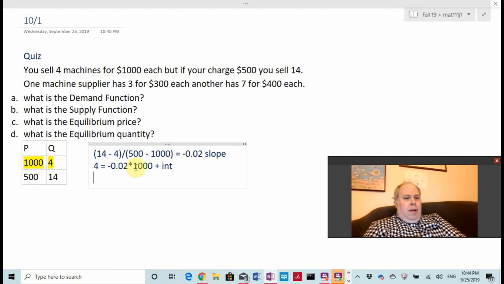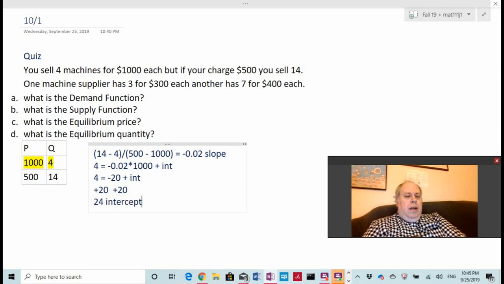So 4 equals minus 20 plus intercept. We add 20 to both sides, and we get 24 is the intercept. And so if I got this right, my demand function, D of P, is negative 0.02 P plus 24.